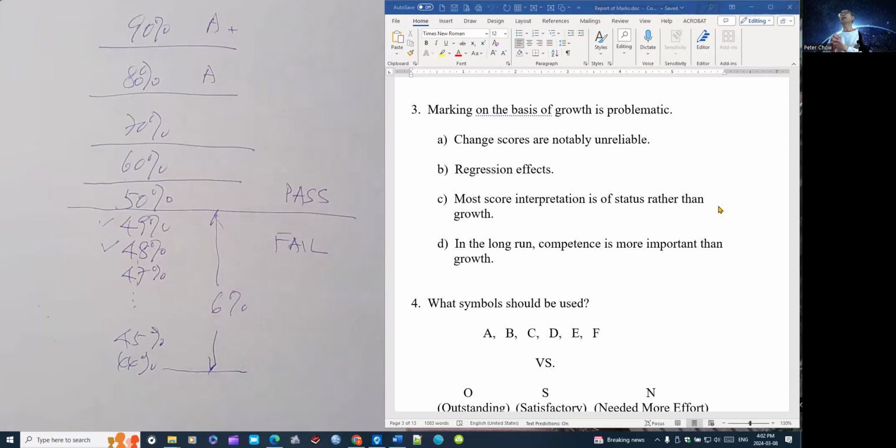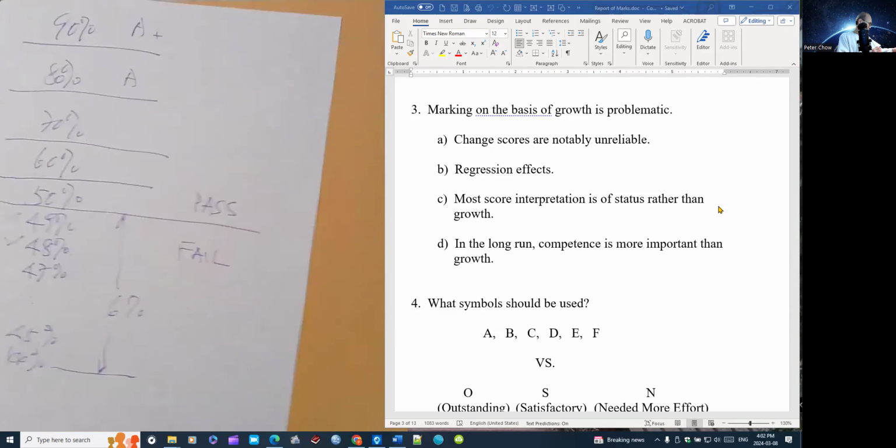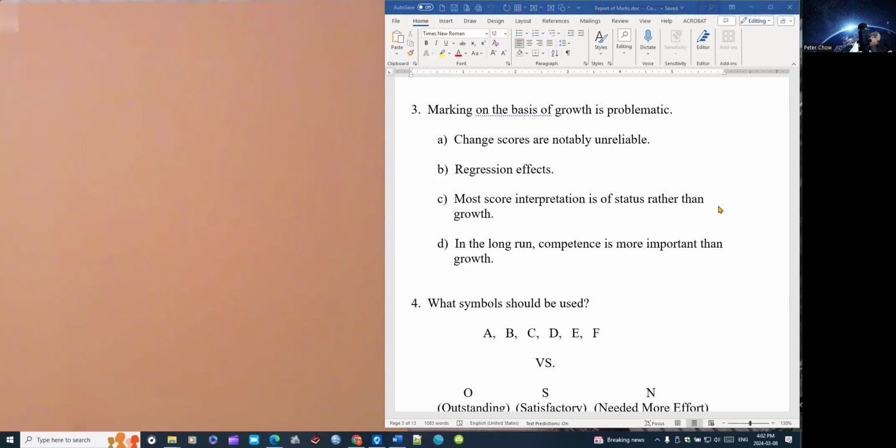Why? Growth is hard to measure. Change scores are notably unreliable, very unreliable, and we have what we call the regression effect. Let me tell you what the regression effect is.